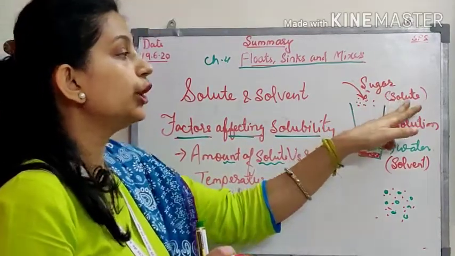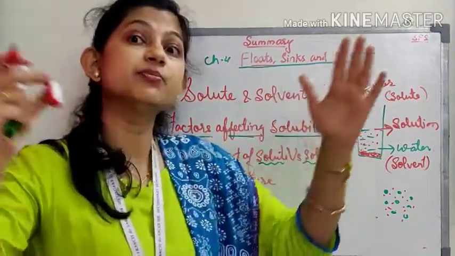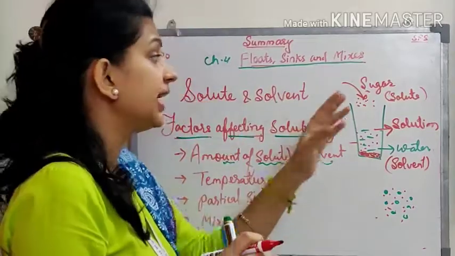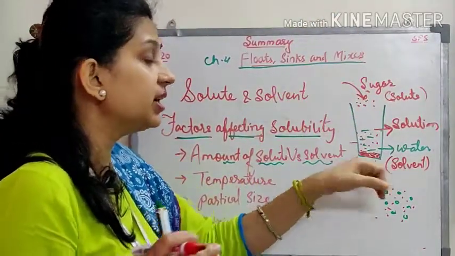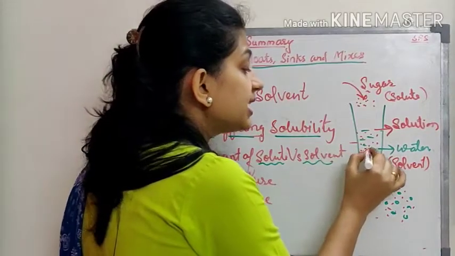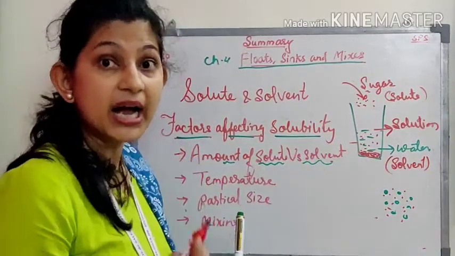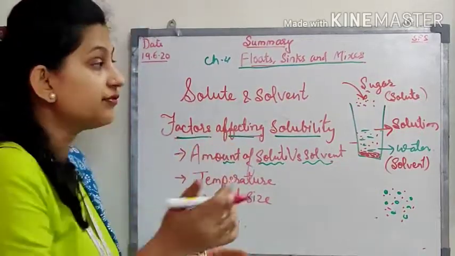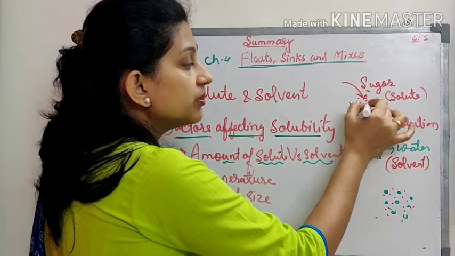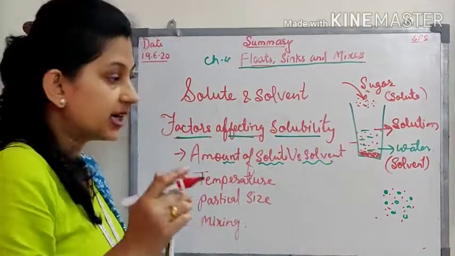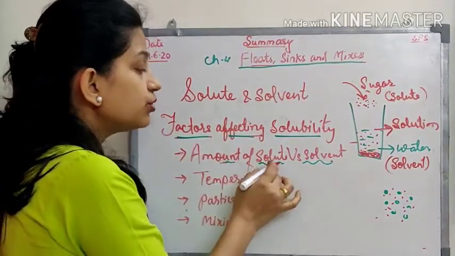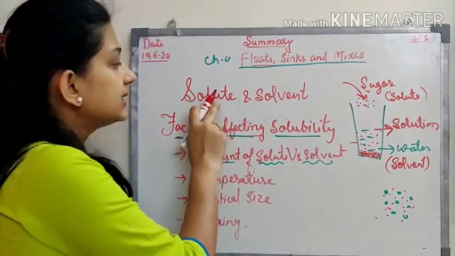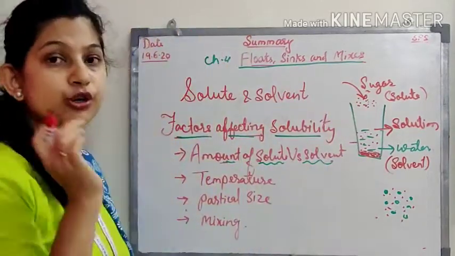If solute is very little and solvent is in a big amount, it can dissolve. But if solvent is very little and you add too much solute, it is going to settle at the bottom, because the solvent does not have enough space left to let the sugar particles get inside. Understood? So the amount of solute versus solvent is a very important factor for anything to get dissolved in a solvent.